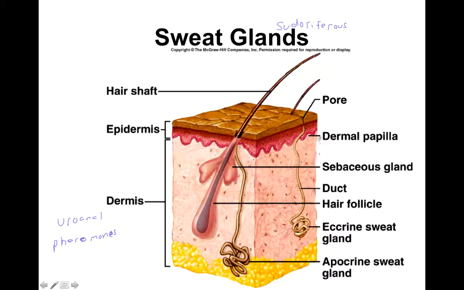And they do that through these pores that are separate from the hair follicles. Okay, and sweat is made up of water, salt, and urea. So those are the three main components of sweat.